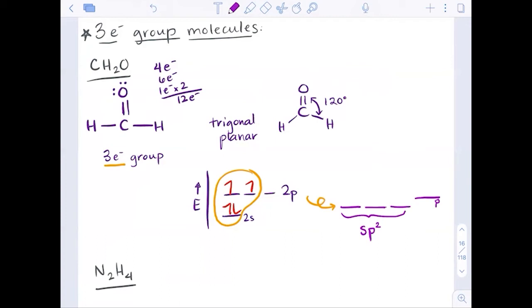An s and 2 p's, sp2. I still put 1 electron in each. This energy difference is a small energy difference. We're going to see what's special about that leftover p orbital.